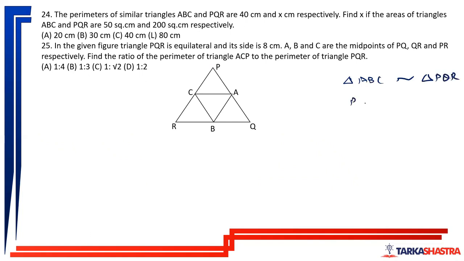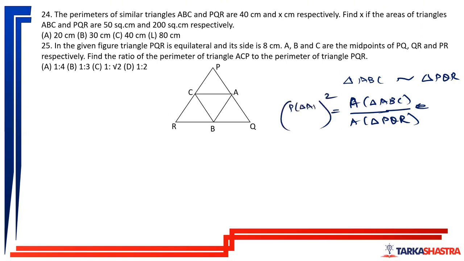Now, the ratio of the area of triangle ABC upon the area of triangle PQR will be the square of the ratio of the perimeters, perimeter of triangle ABC upon perimeter of triangle PQR. Yes or no?